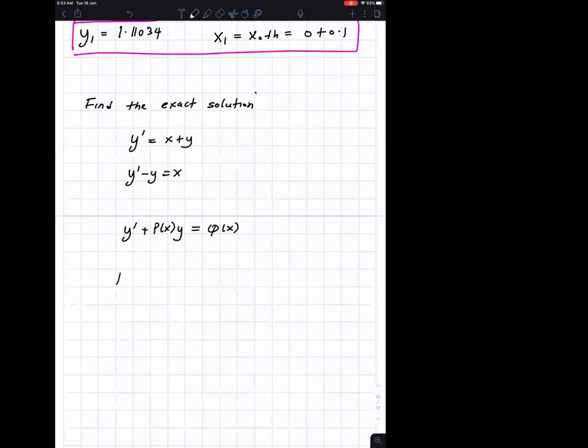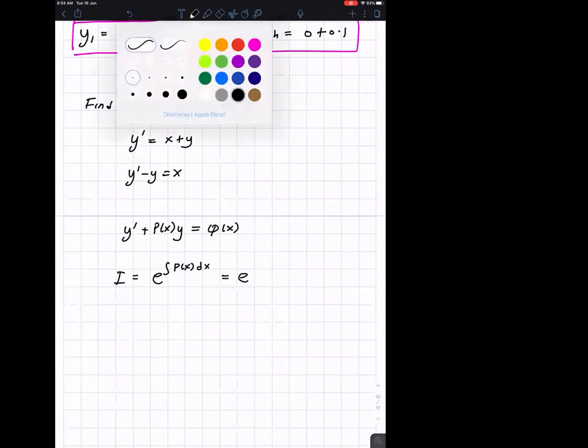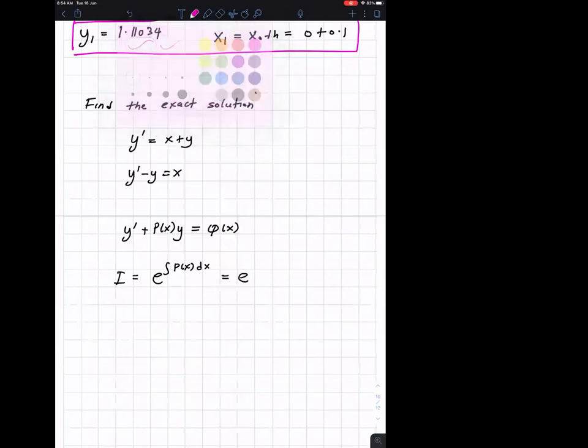So to find the integration factor, usually we use e to the power of the integral of p(x) dx. p(x) in this case is very clear. In this case, y is there, minus 1 is p(x).